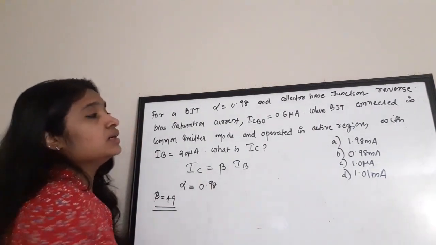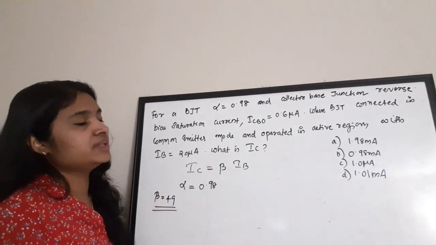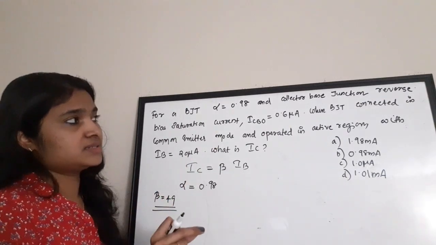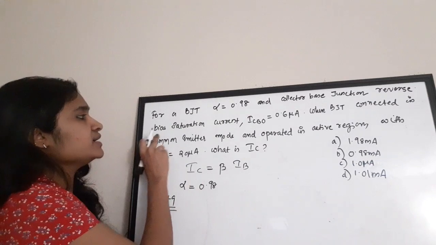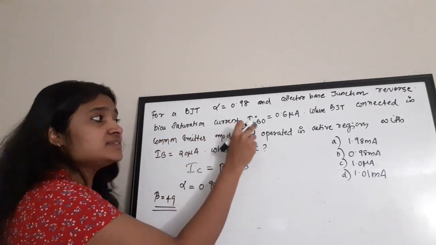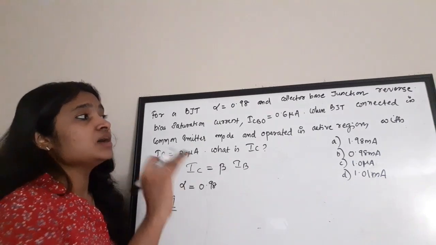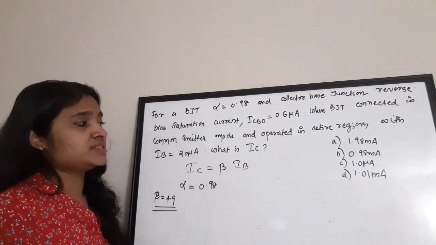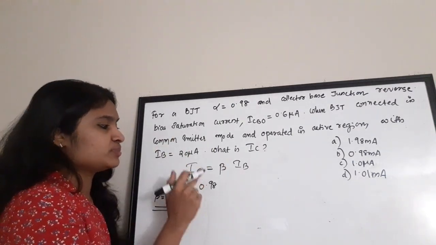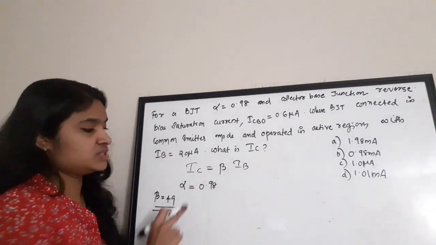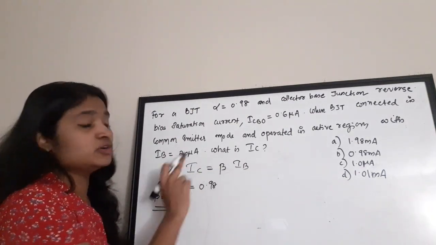Now, one more thing has been given, that the collector base junction reverse bias saturation current ICBO is 0.6 microampere. If this ICBO was not given in the question, you can directly go for the relationship, since you have beta, now you can find the value of IC.